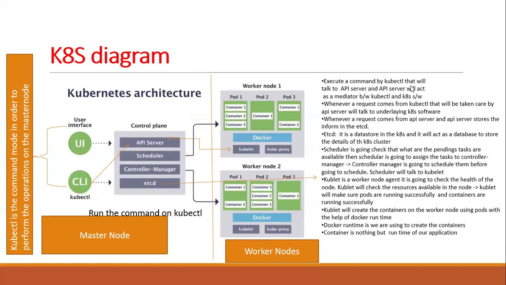The API server will act as a mediator between kubectl and Kubernetes. So the API server is the mediator between kubectl and the Kubernetes software.